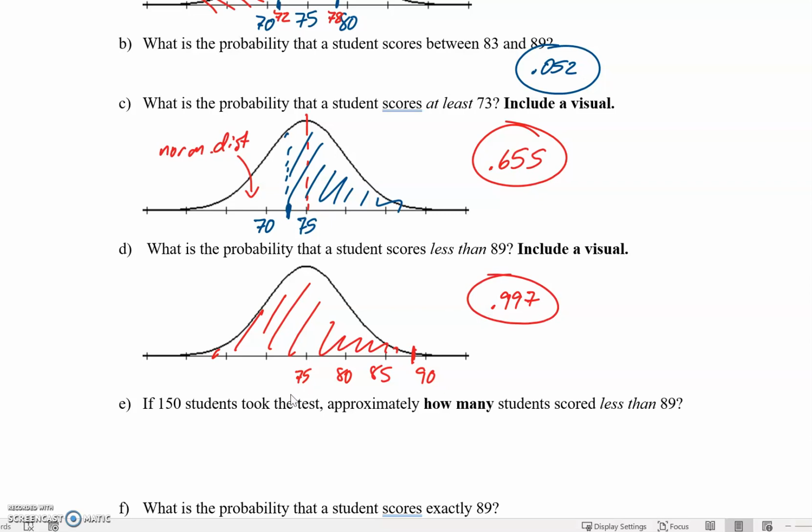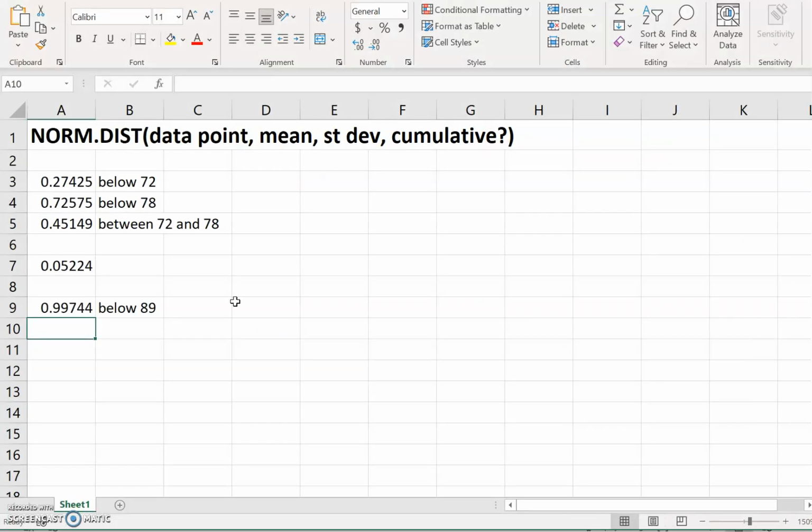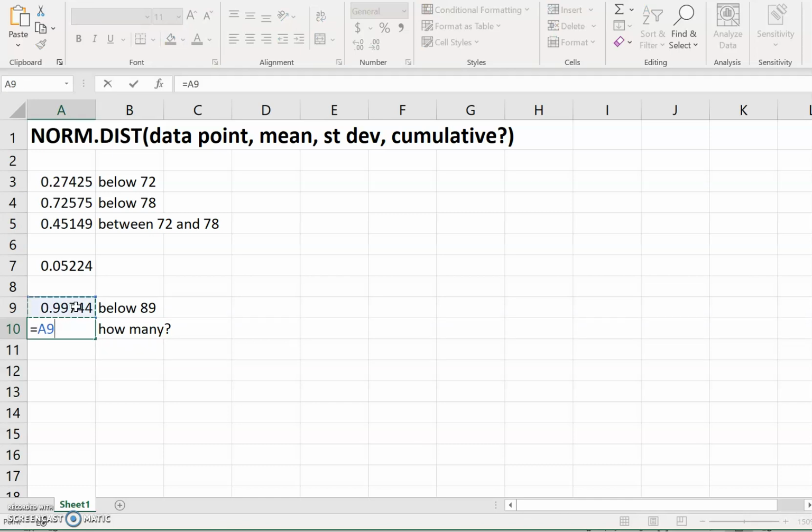Okay, if 150 students took the test, approximately how many, so not what percent, how many scored less than 89? Well, we already have the proportion of students who scored less than 89. So now we just need to multiply by 150. We just take the answer that we got here, and I would say use the unrounded answer.